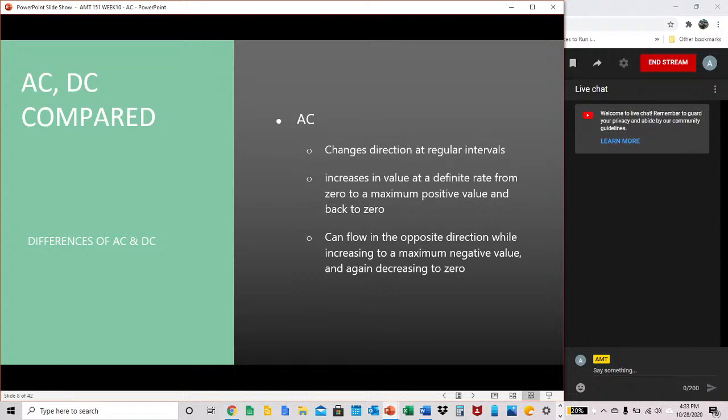It increases in value at a definite rate, from 0 to a maximum positive value and back to 0. And then it will deflect to a maximum negative value and back to 0. AC can also flow in the opposite direction while increasing to a maximum negative value and again decreasing back to 0.